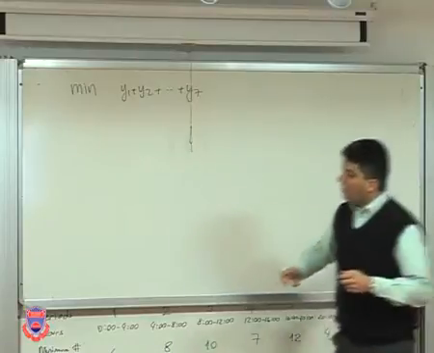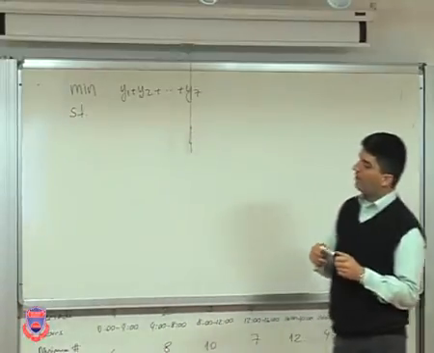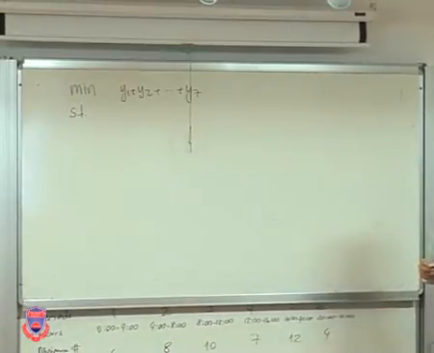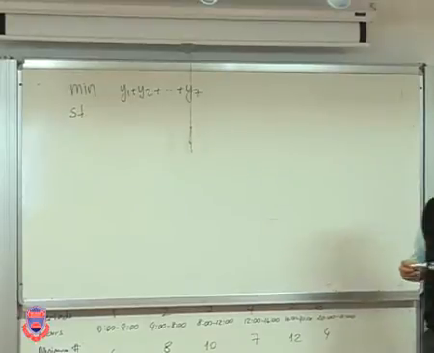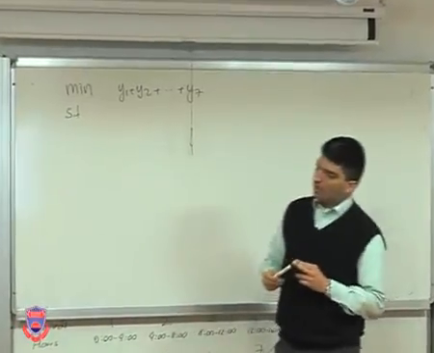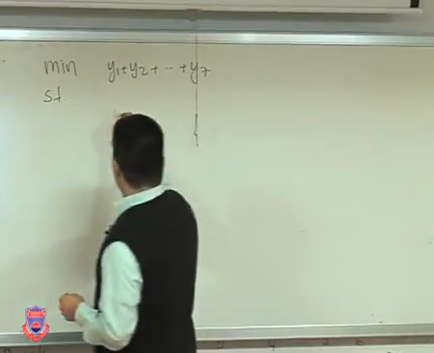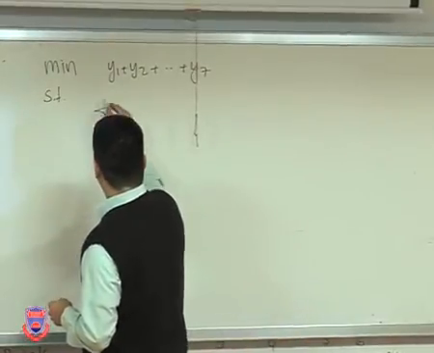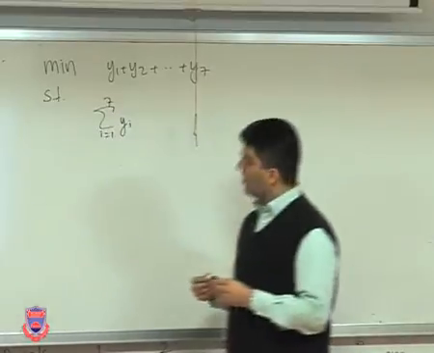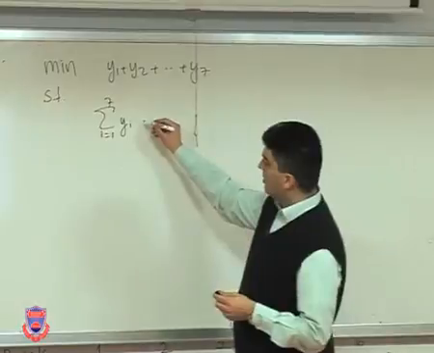All right, so what are my constraints? Well, let's start with Monday. On Monday, I need to make sure that I have at least 8 employees. So essentially, I'm going to look at the summation of all my variables, which is the total number of employees, and from this I'm going to subtract y1.